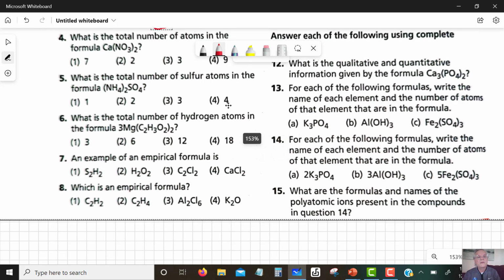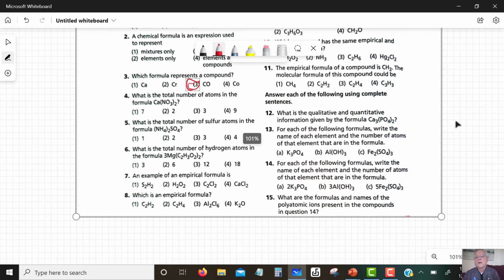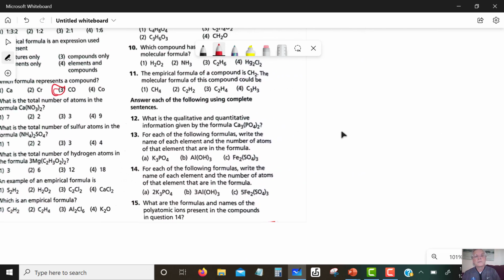So I am going to go to the whiteboard on the side over here and rewrite this. (NH4) taken twice SO4 sulfate. So if you remember what I said, if there's a number outside of a parenthesis, it goes back through whatever precedes it, kind of a distributive property.